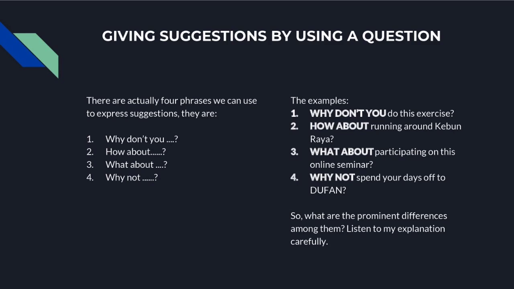Why not is one kind of question in suggestions and advice that is mostly used by advertisers to promote their stuff or goods that you can find in newspapers, magazines, or on the road.